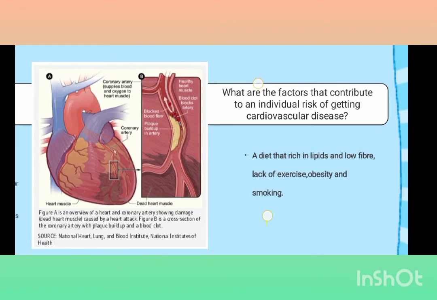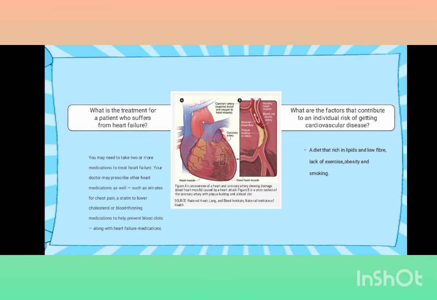So we are at home, we also must exercise, even though we very lazy to do an exercise, but we must, and eat a lot of fiber to make sure our circulatory system will stable and good.